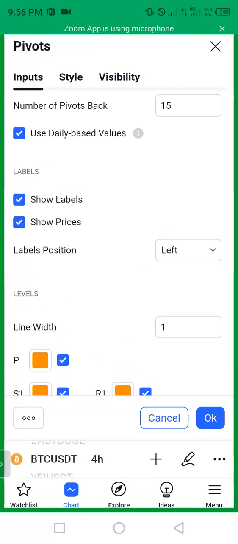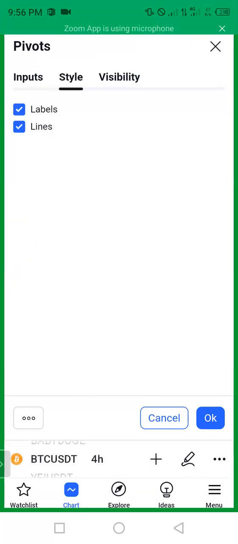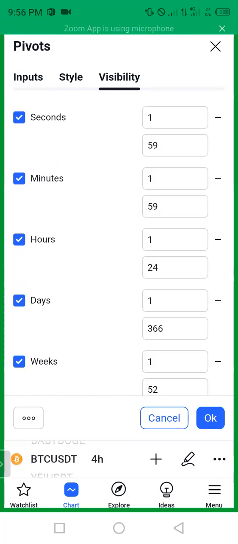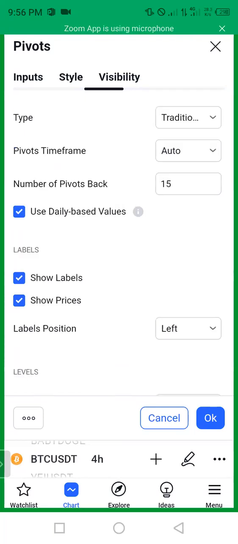Nothing much you have to do there. Then style, nothing. Visibility, it is already the same. So this one doesn't have special settings except the stochastic, and I'm going to drop them in the groups. Yesterday, during the day, I forgot to post them in the groups, but now I am going to post them, the settings for the stochastic.